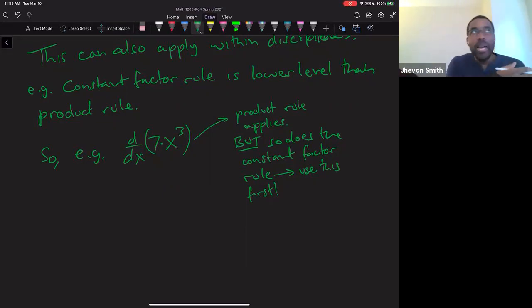Best case scenario, you are going to waste time writing out all this extra stuff. Worst case scenario, you're going to make a mistake, because it's very common when students try to apply the product or the quotient rule in a situation where one of the things is a constant, they tend to forget, conveniently or inconveniently, that the derivative of a constant is 0.